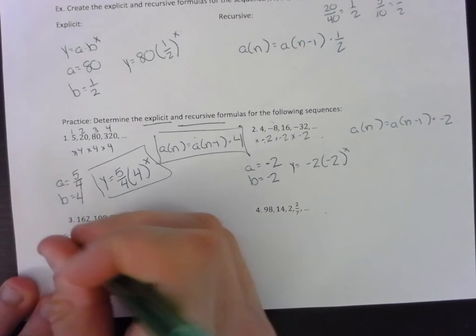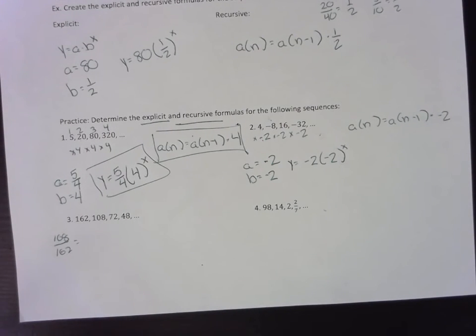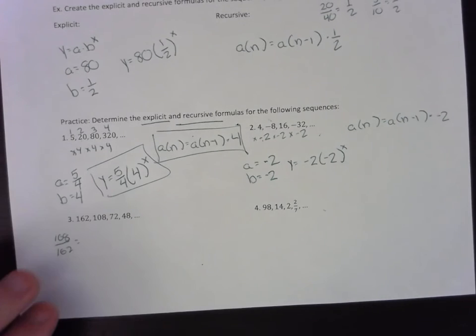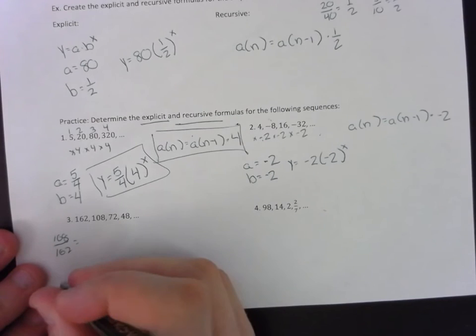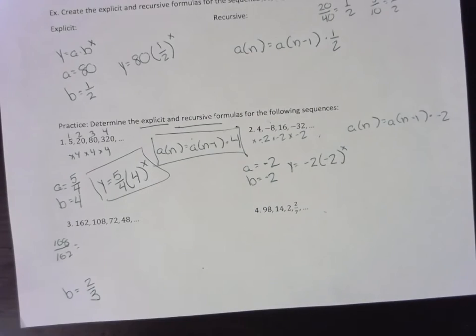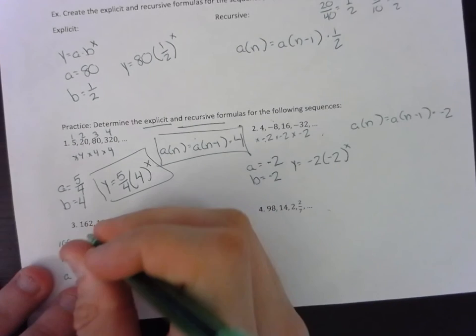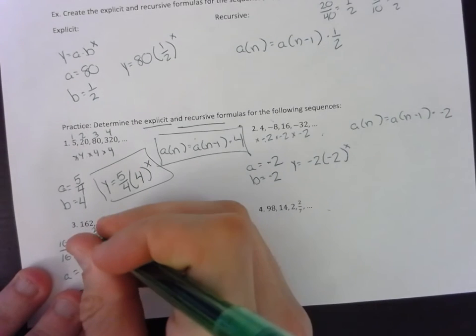If I take 108 and divide it by 162, I get 0.666666, which is also considered to be 2/3, guys. So my growth rate is 2/3. That means I'm multiplying by 2/3 to get to each number.